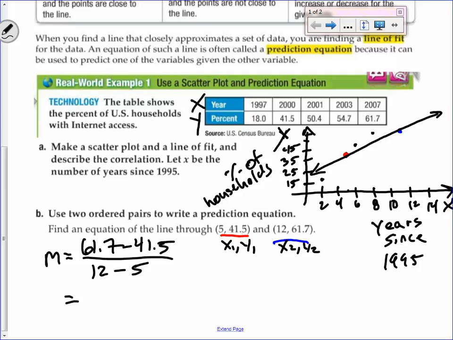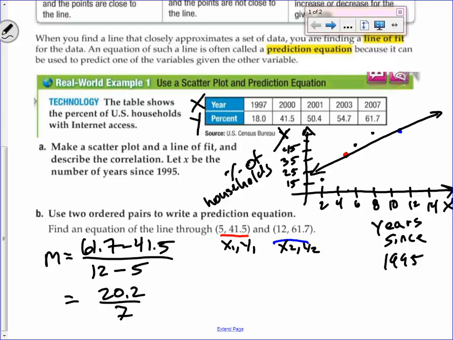So simplifying that, I'm going to get 61.7 minus 41.5, that's going to give us 20.2 over 12 minus 5, 7. Okay, 20.2 divided by 7.